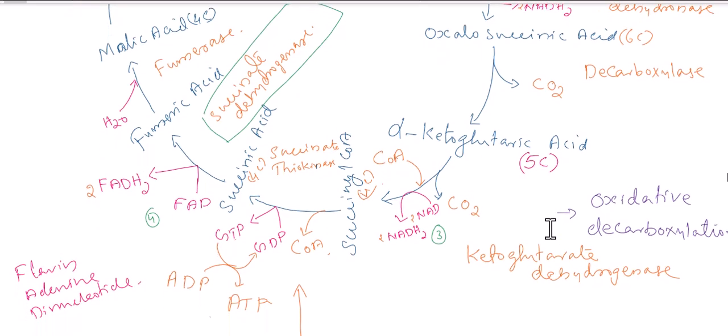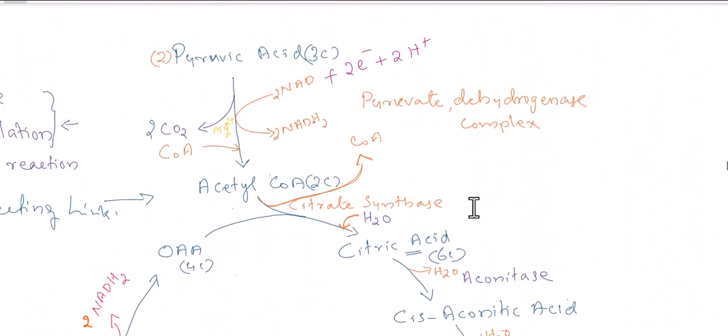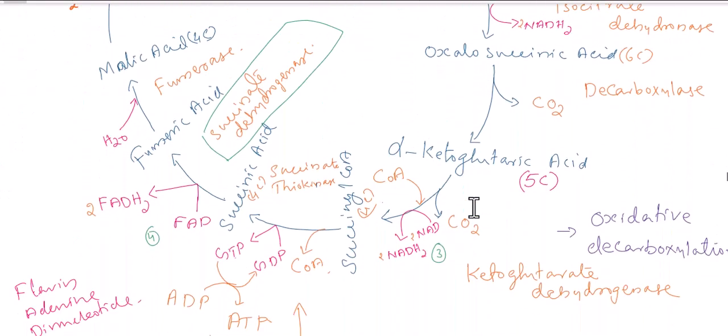Then immediately it undergoes oxidative decarboxylation, similar to pyruvic acid. Here also almost the same type of reaction. A carbon dioxide molecule is released, that means decarboxylation, and hydrogen ion and electrons are removed, that means oxidation occurs.